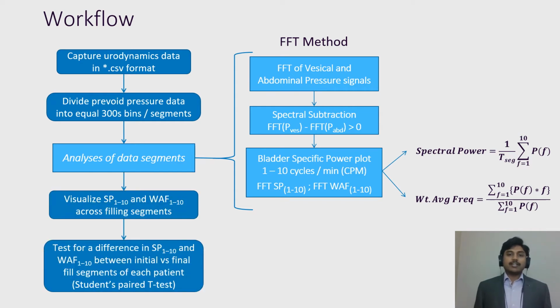We then visualize spectral power and weighted average frequencies across multiple fill segments, and finally we test for a difference between the initial and final segments for changes in SP and WAF values.